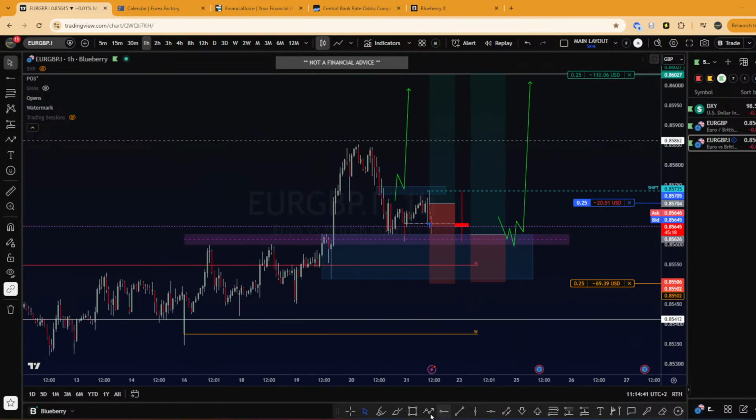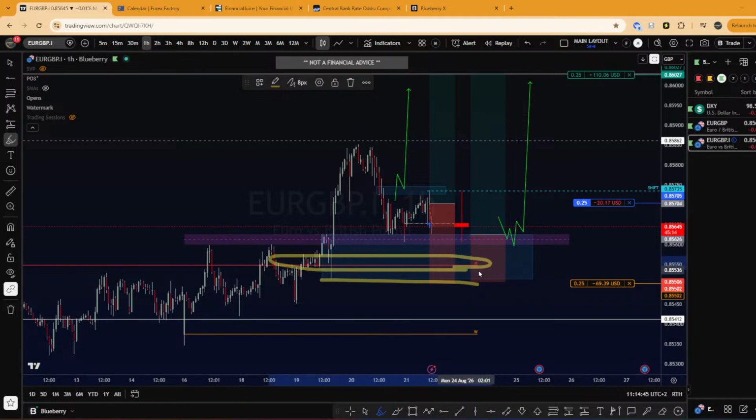At the same time, my stop is just below the monthly open, so normally this zone could be a nice zone to rebound off of.